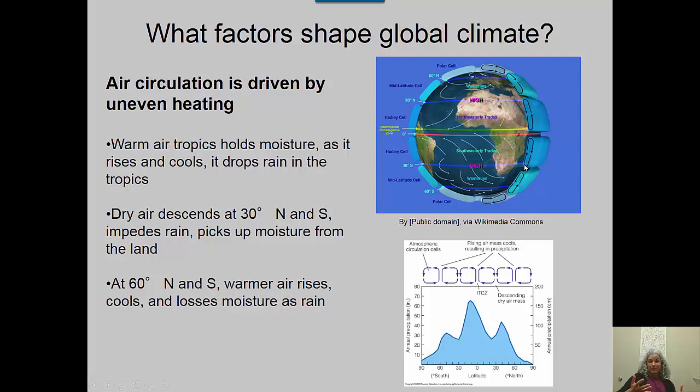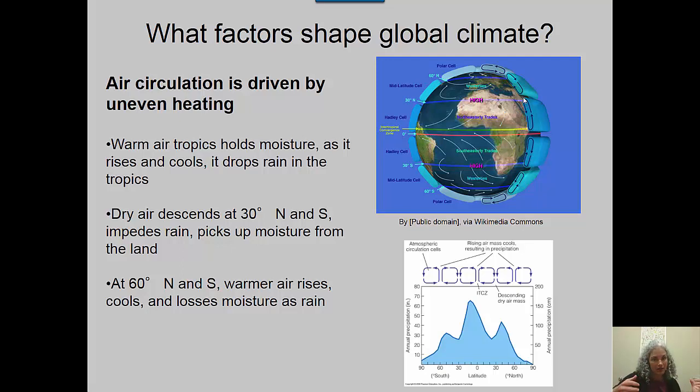It's already dropped its water in the tropics as it started to cool. So now we have a cold, dry air mass descending on the surface of our planet at around 30 degrees north and south latitude. This dry, cold air is not going to bring a lot of rain.